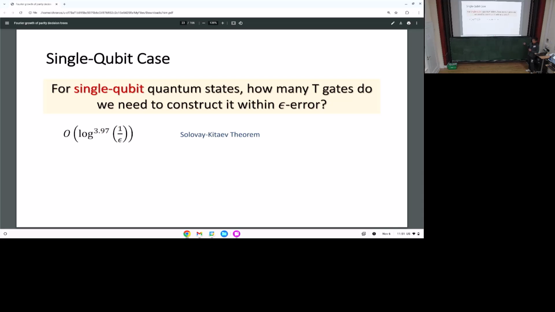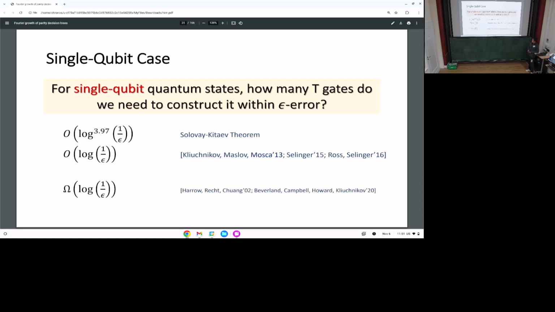This is very general. And it turns out, by a beautiful line of work, this has been improved to log 1 over epsilon. They use some algebraic number theory to study Hadamard and T gates and how they interact. And there is also some recent work showing this log 1 over epsilon is necessary, and the proof is based on granularity.